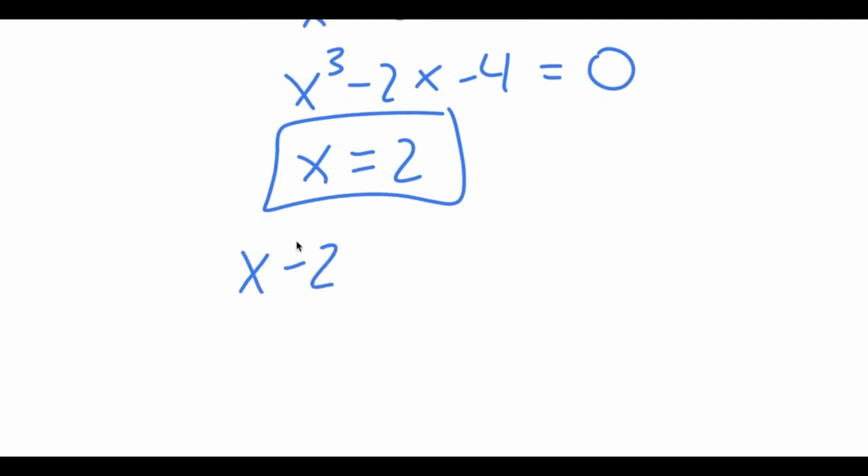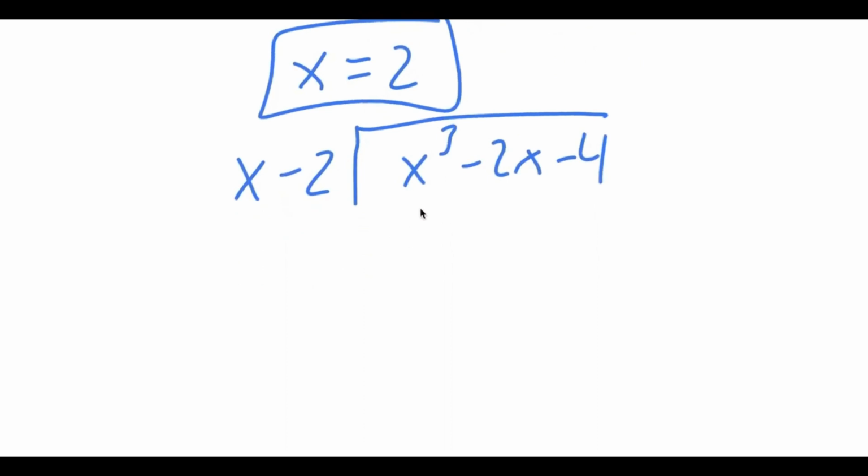x minus 2 equals 0 is a solution, meaning we have to divide our original equation by it. So we have x to the power of 3 minus 2x minus 4 divided by x minus 2.